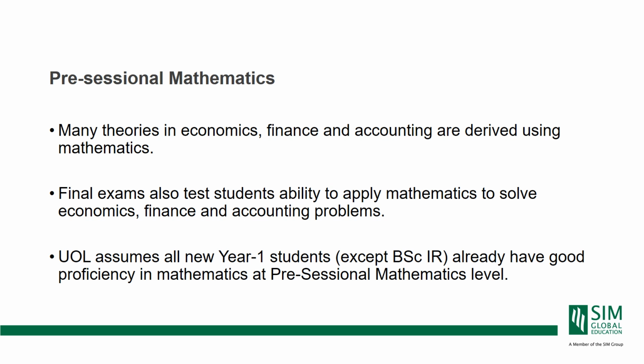In reality, UOL also assumes that all new Year 1 students, or Year 2 if you get exemption, except those taking the BSc in International Relations, already have a good level of proficiency in mathematics at pre-sessional mathematics level. If you have time, you can Google the LC websites and take a look at the admission criteria for the LC degrees in economics, finance, accounting, management, all the degrees except IR.